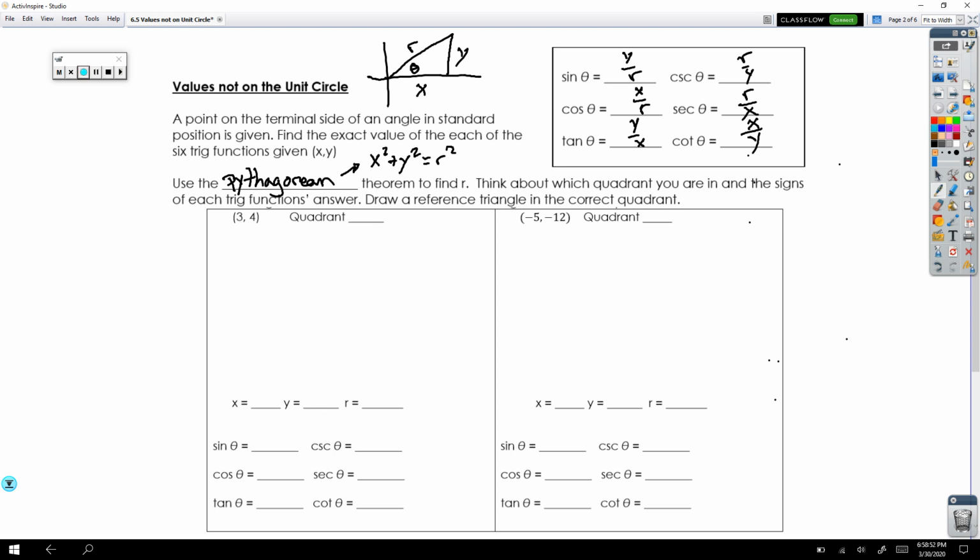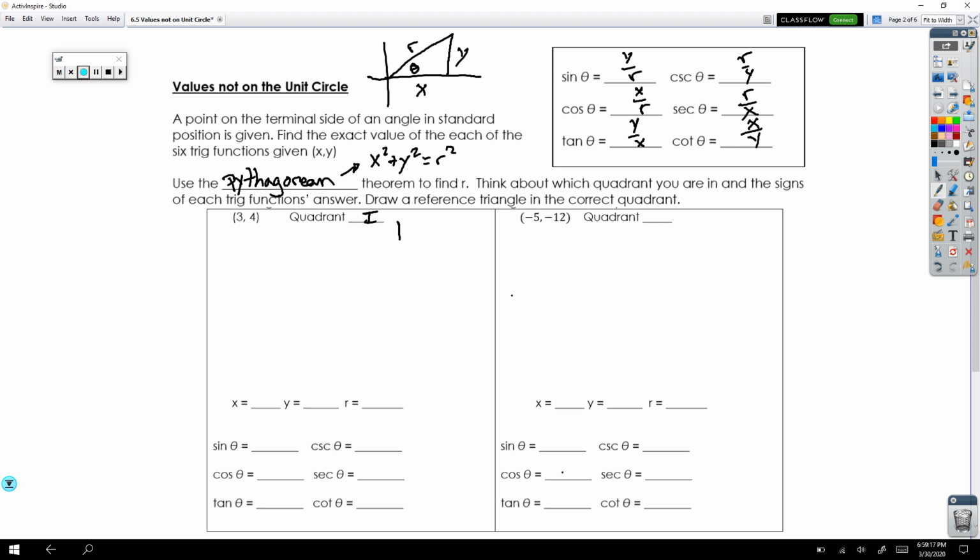So first thing we need to identify when we are figuring out things that aren't on the unit circle is I want to start by drawing my triangle. And to do that, I need to figure out what quadrant I'm in. So when I look at this first problem here, I see that I have the ordered pair 3, 4. Okay, so x and y are both positive. That's going to put me in quadrant 1.